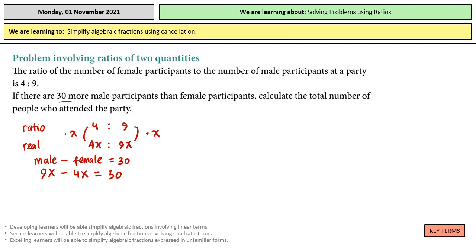Right, so in this case we'll just simplify it to 5x equals 30, and x equals 6.